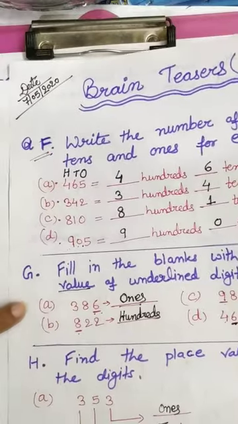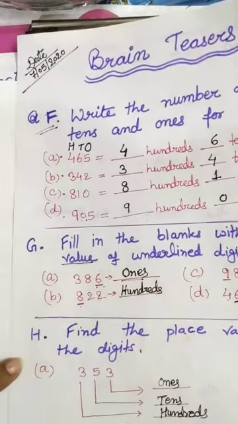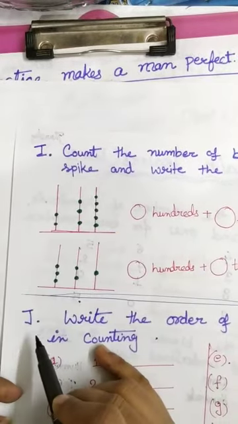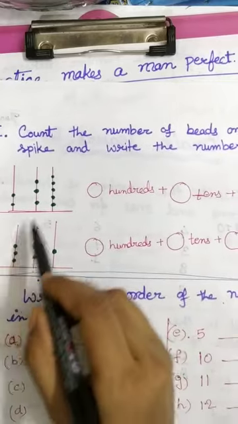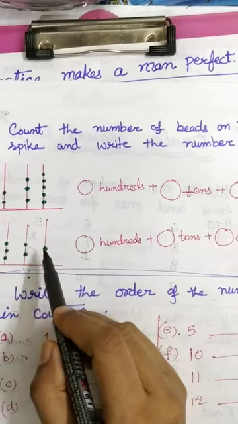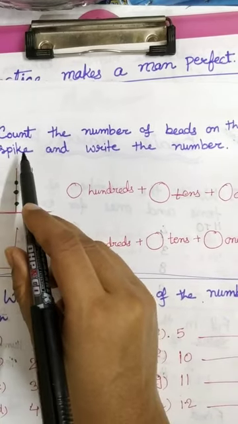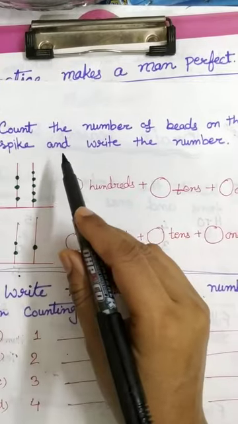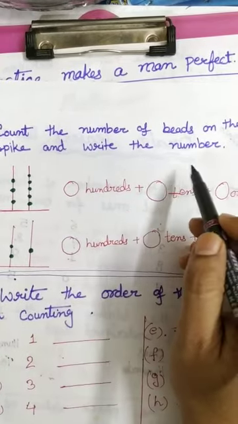F, G, H completed. Now we have I and J. That we had done already. Question: count the number of beads on the spike and write the number.